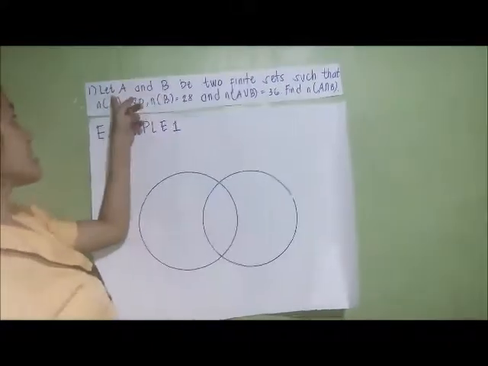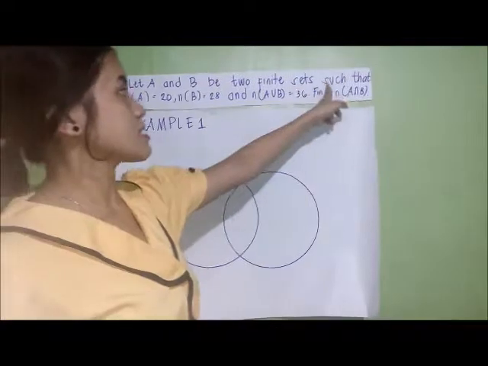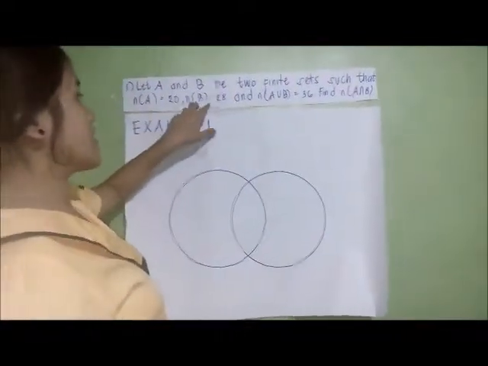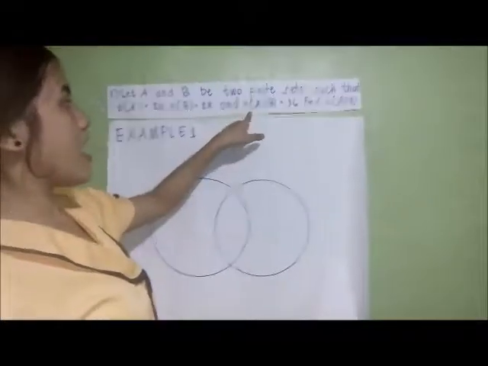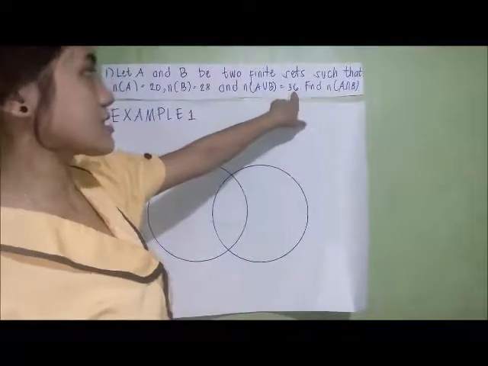Example number 1. Let set A and set B be two finite sets such that n of A is equal to 20, n of B is equal to 28, and n of the union of A and B is equal to 36.